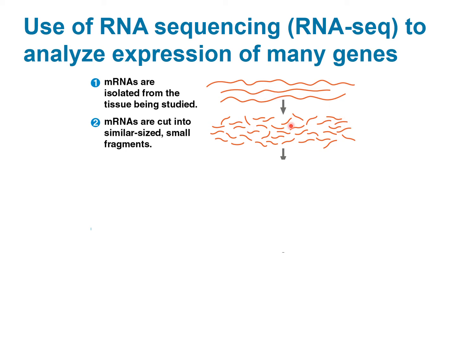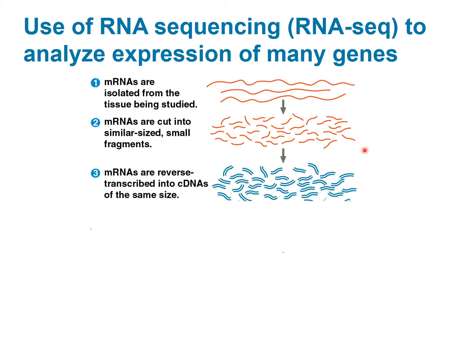Remember, these are messenger RNAs from many different genes, and that's the purpose, to study many genes. They're going to be reverse transcribed, as mentioned before, using reverse transcriptase into cDNAs. So now we have many fragments of cDNAs that are basically double-stranded copies of the messenger RNAs. And again, remember, the messenger RNA represents those genes that are actually being expressed within the organism being studied.